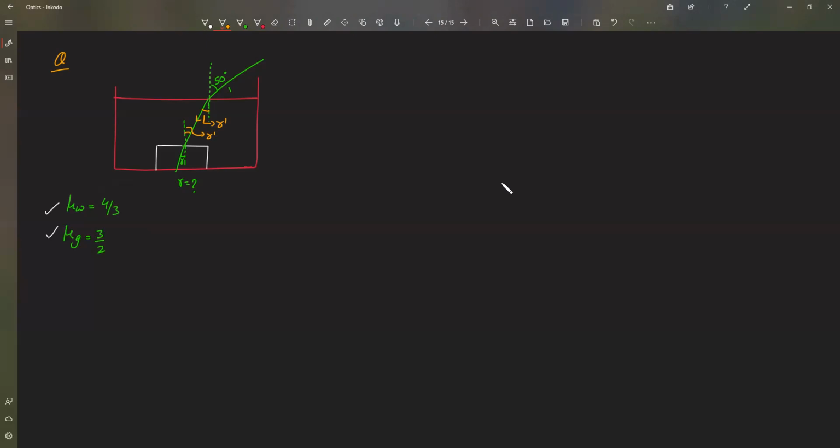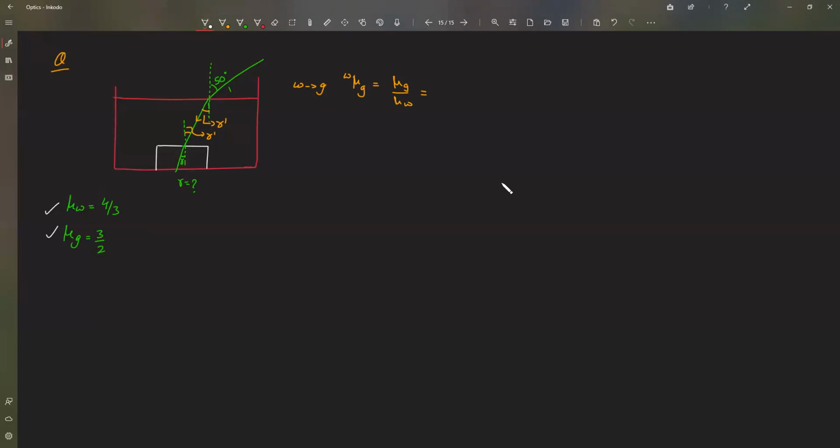So here light is traveling from water to glass. So you should know what is mu of glass with respect to water. What will that be? Mu of glass divided by mu of water. This is the thing which you have to first find out. I hope you have already got it.